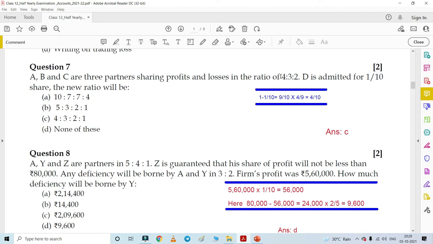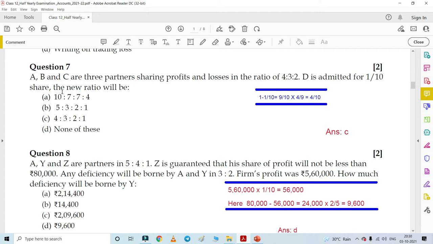Now as we have to find out what would be the new ratio, we have to keep on multiplying each of the shares of A, B and C. Now A's share is 4/9 because 4 plus 3 plus 2 is 9. So 4/9th share of 9/10 is the share of A in the new firm. That means 4/10.